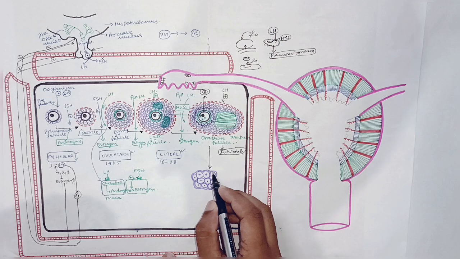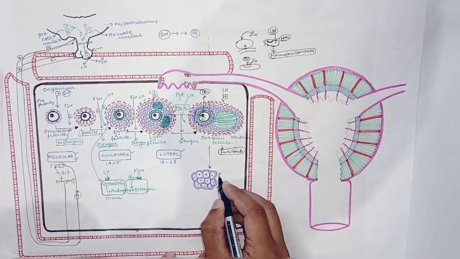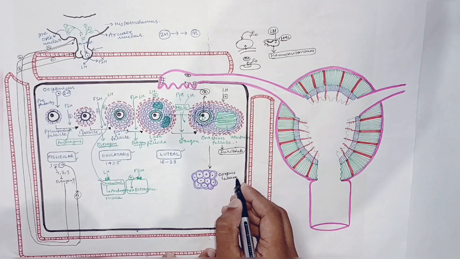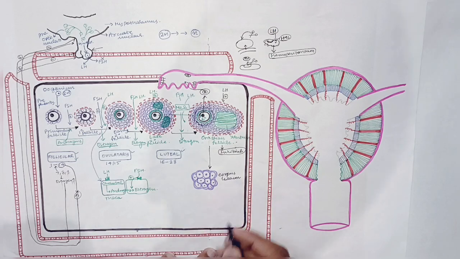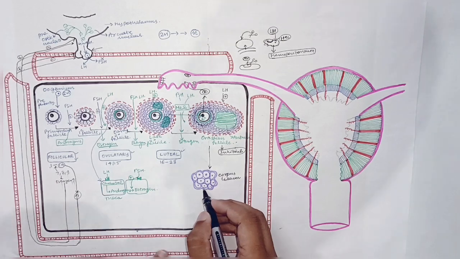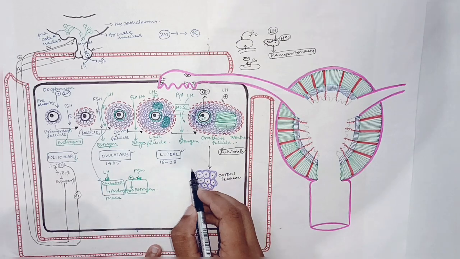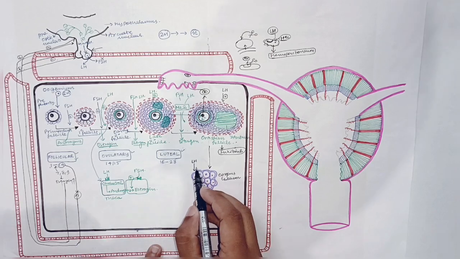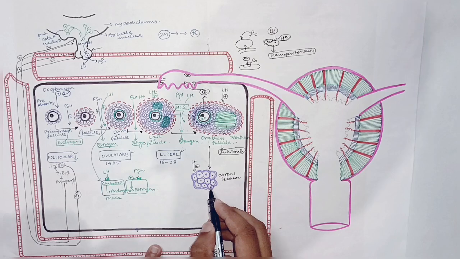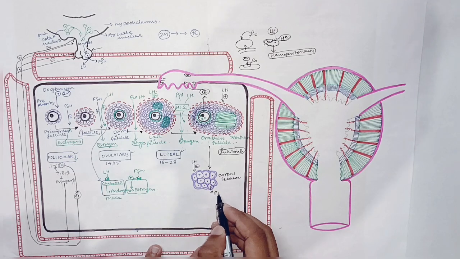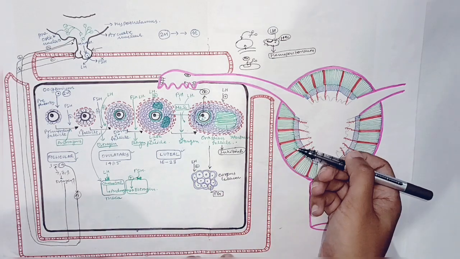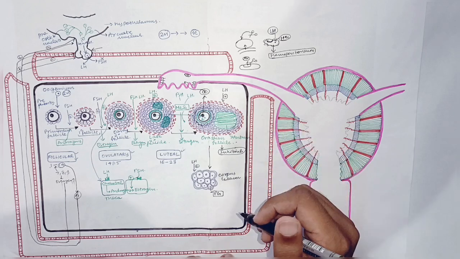So these secretory cells are known as your corpus luteum. Now, this corpus luteum is again induced with the LH and produces a hormone known as PG, and this PG is progesterone. Now, this progesterone is very, very important in the menstrual cycle.